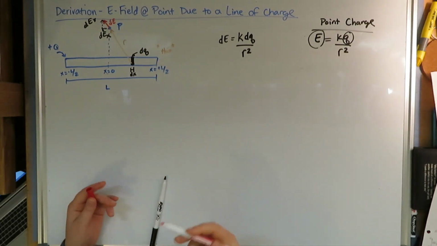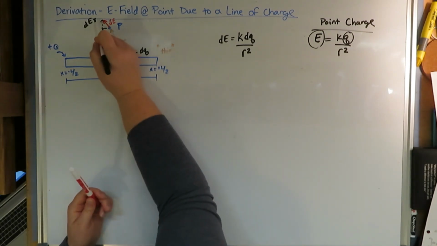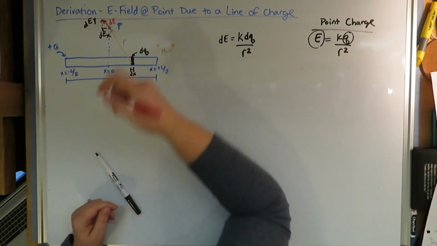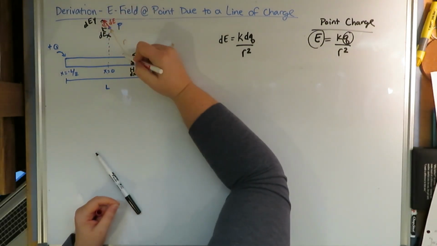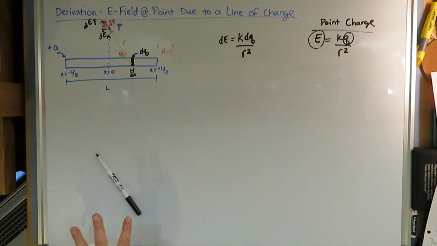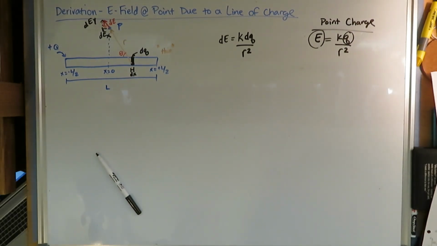And dEx and dEy are related by some angle theta. And that angle theta is going to be the same as the angle here that's essentially made with my rod. So we're going to see that this angle comes into play in multiple cases.